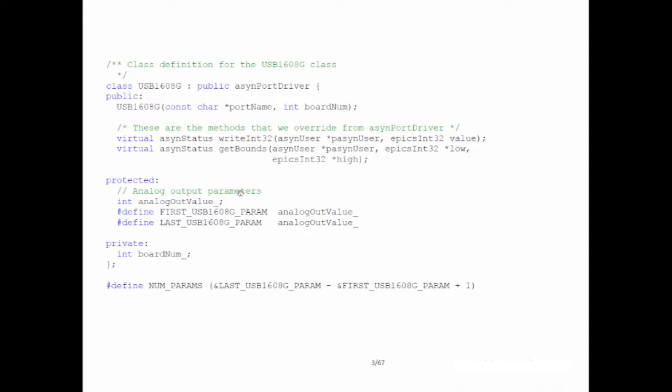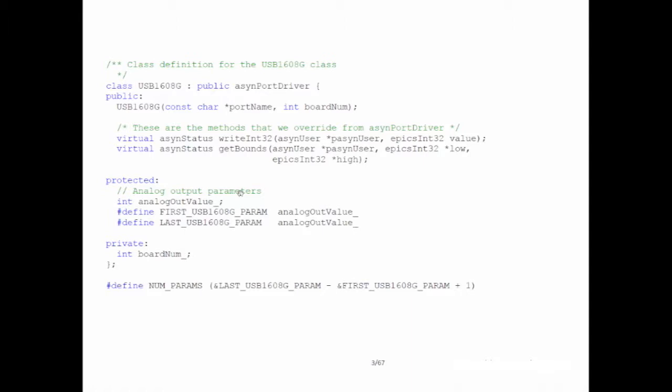Okay, so what we've defined here is only one parameter, this analog out value. Notice it's an integer. This is that integer index that we're keeping track of which parameter is which. This is a very simple version. There's only one parameter, so that is both the first and last parameter. And then we compute the number of parameters by the address of the last one minus the address of the first one plus 1.